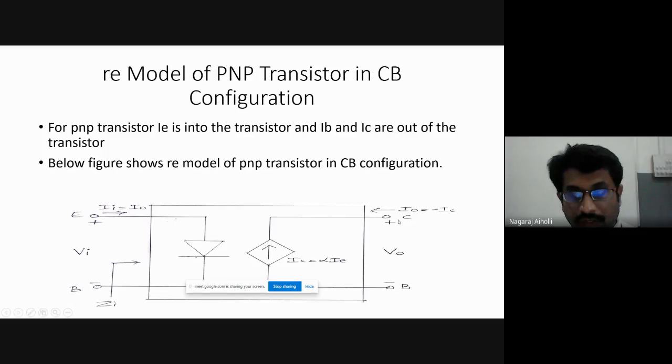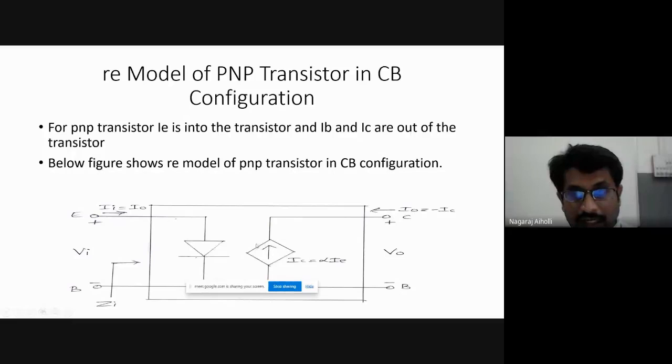V0 is equal to I0 times, that is IC into RL, if you connect a load resistance RL in series between the collector and base terminals. Therefore V0 will be IC into RL, divided by the input voltage. The input voltage is II into re, input current multiplied by input resistance.